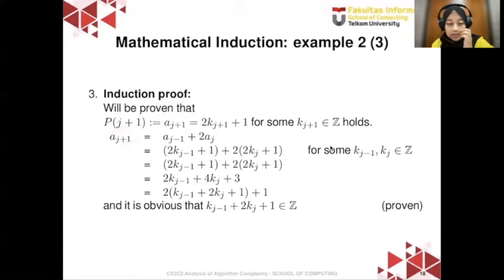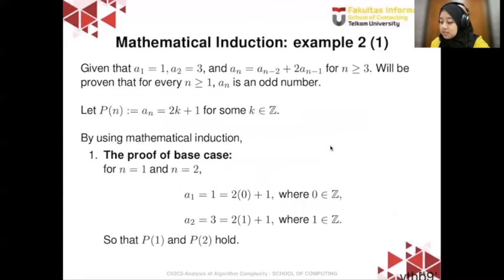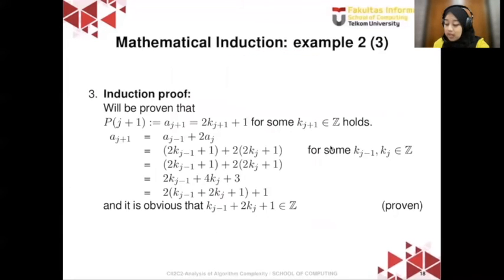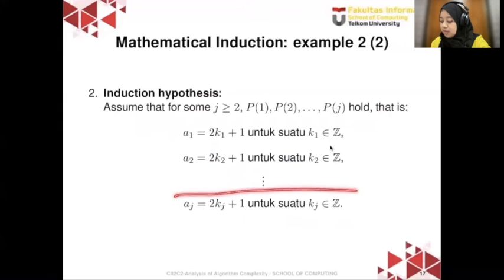So here, a_{j+1}, from the definition of a_n, we can see here, a_n is a_{n-2} plus 2 times a_{n-1}. So a_{j+1} we can write like this, as in the definition of a_n. And then a_{j-1} is 2k_{j-1} plus 1. It is from the induction hypothesis.